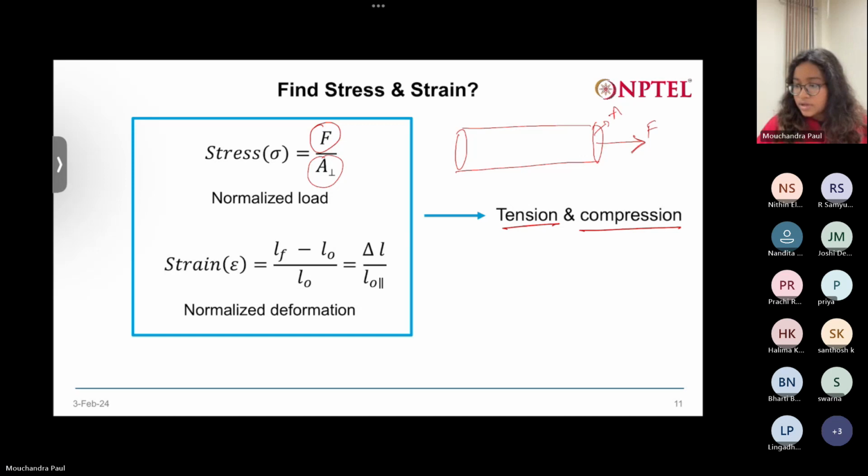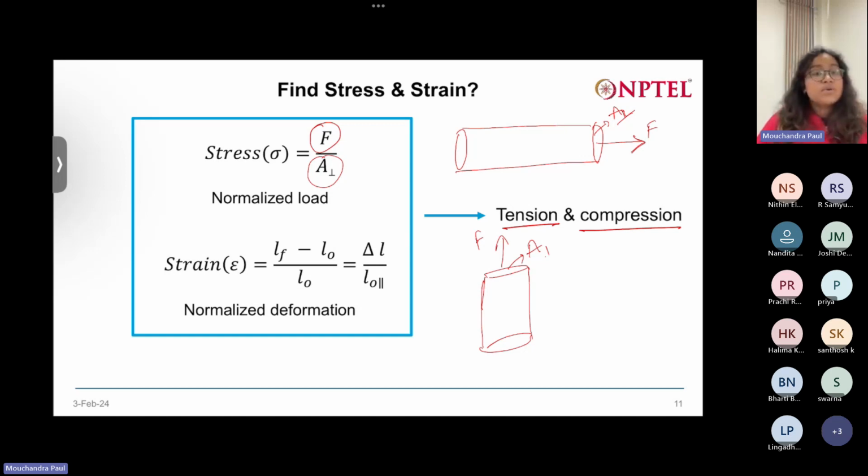So this is your area value, A perpendicular. Similarly, if you are doing it in a different geometry and the force is applied in this direction, then for calculating stress, you will take the area that is perpendicular to the direction of the force.